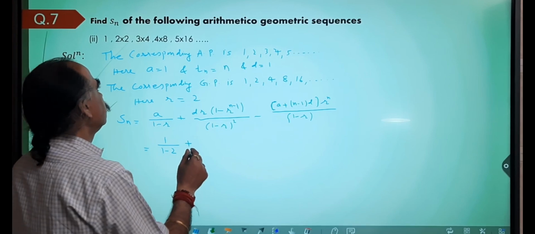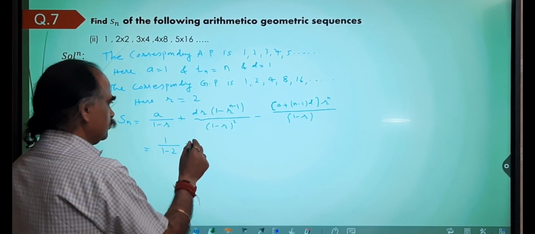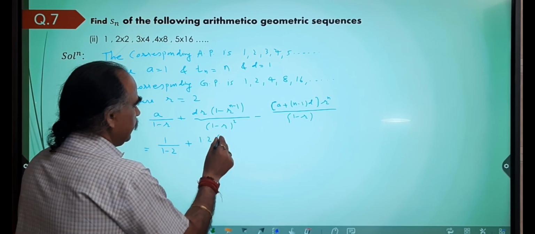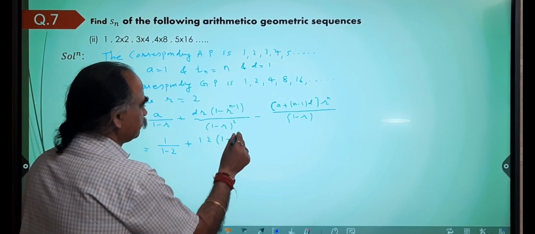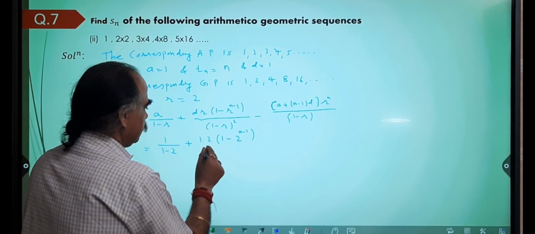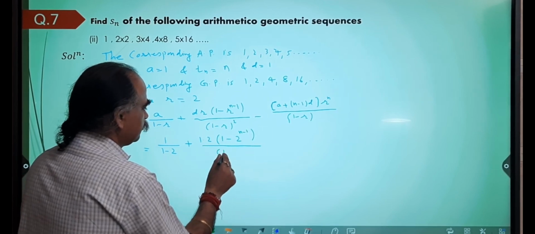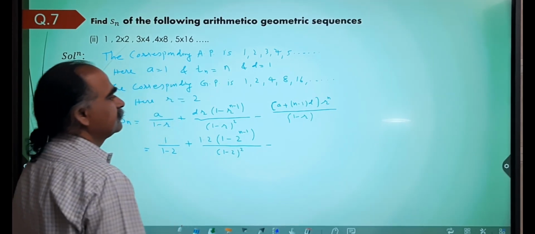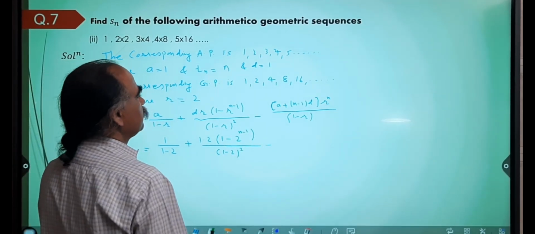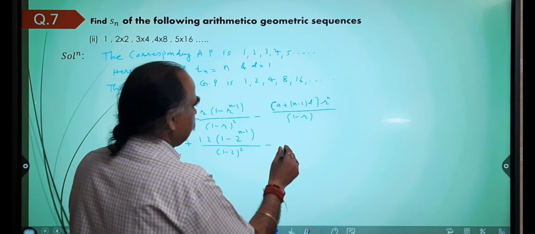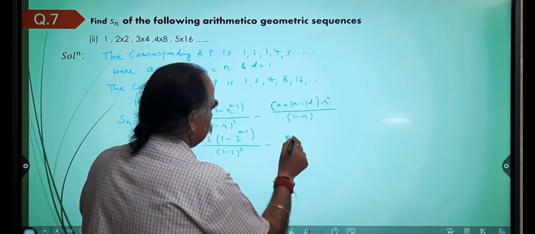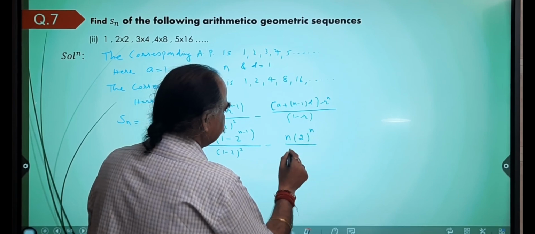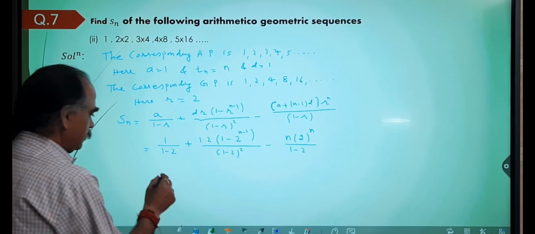So 1 into R is 2. 1 into 2 into 1 minus 2 raised to n minus 1, divided by 1 minus 2 square, minus A plus n minus 1 into D is what? N, into 2 raised to n divided by 1 minus 2.